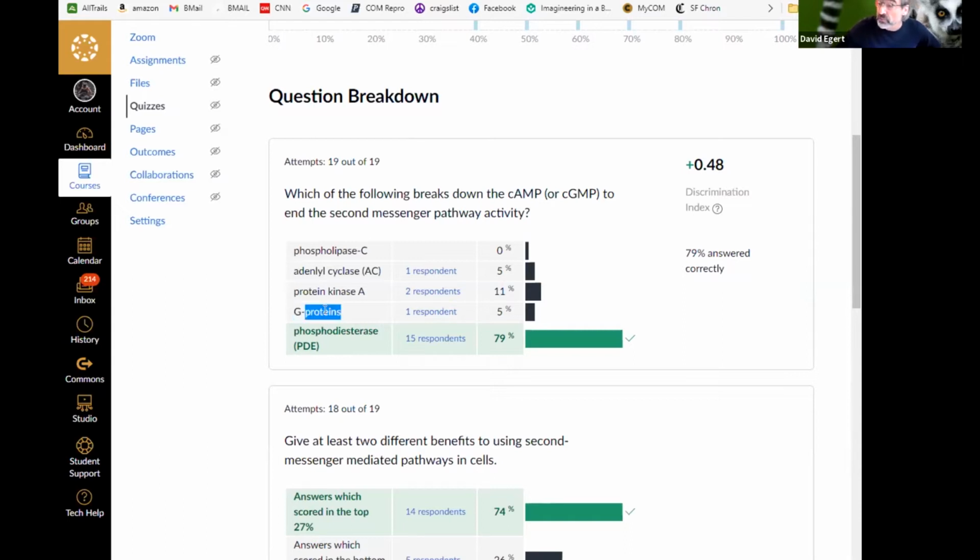The G protein activated the adenylyl cyclase, which made the cyclic AMP, which activated the protein kinase A, and then finally the phosphodiesterase came in and chewed up the cyclic AMP to stop the whole thing. So you definitely want to make sure that whole chain of events is clear, because second messenger pathways are at the core of all sorts of signaling in the body.